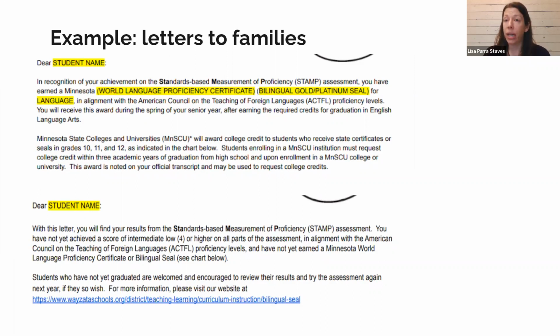This could be a part of that ceremony. Some districts will have students recognized at a school board meeting. They might receive a pin, a medal, a trophy, possibly cords that they could wear at graduation, indicating that they've achieved language proficiency recognition. Just some examples.